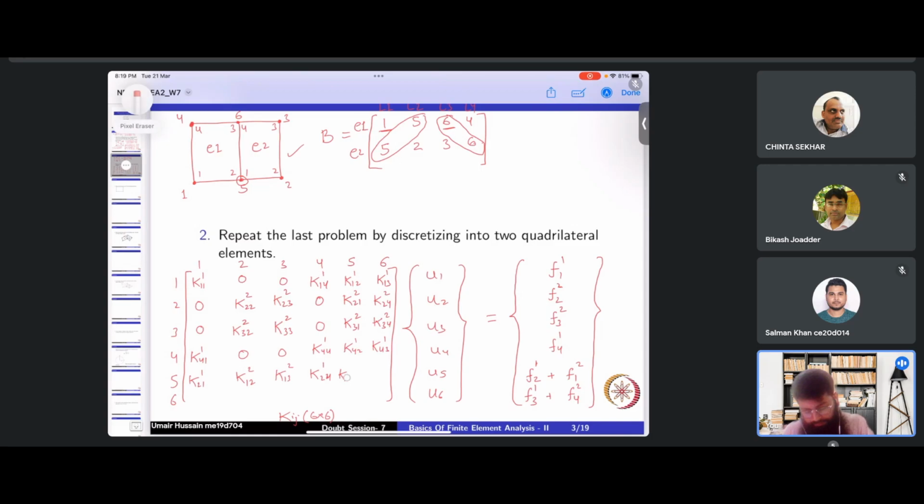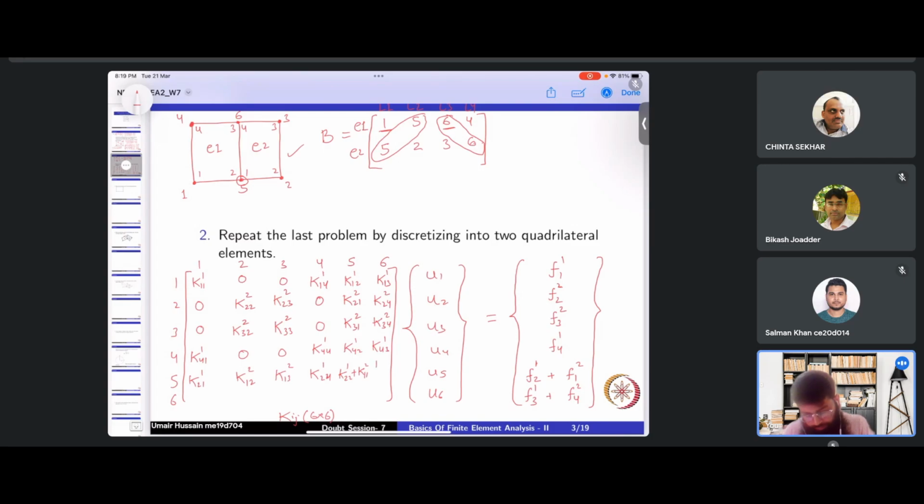So 5 5 basically is K22 of element 1, and it's also there in element 2. For element 2, it's the local node 1, K11. And 5 6, the connection is also there in both elements.